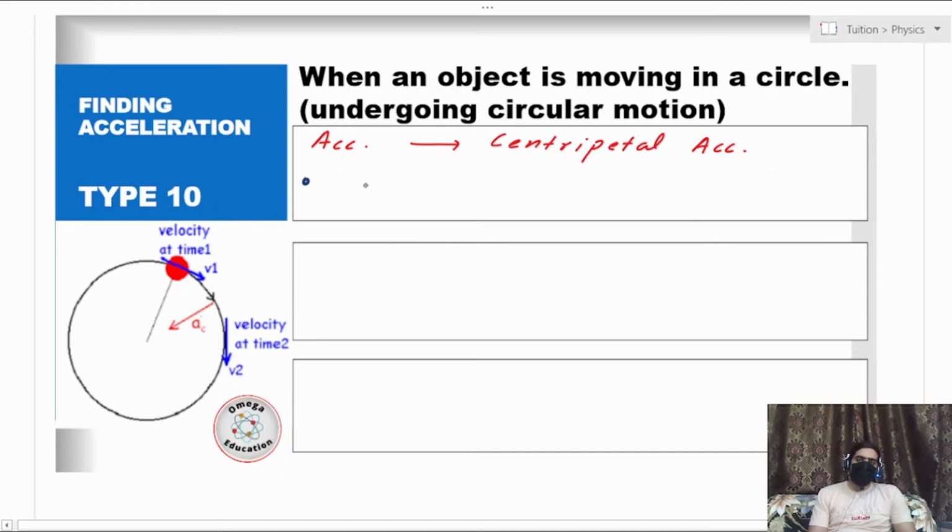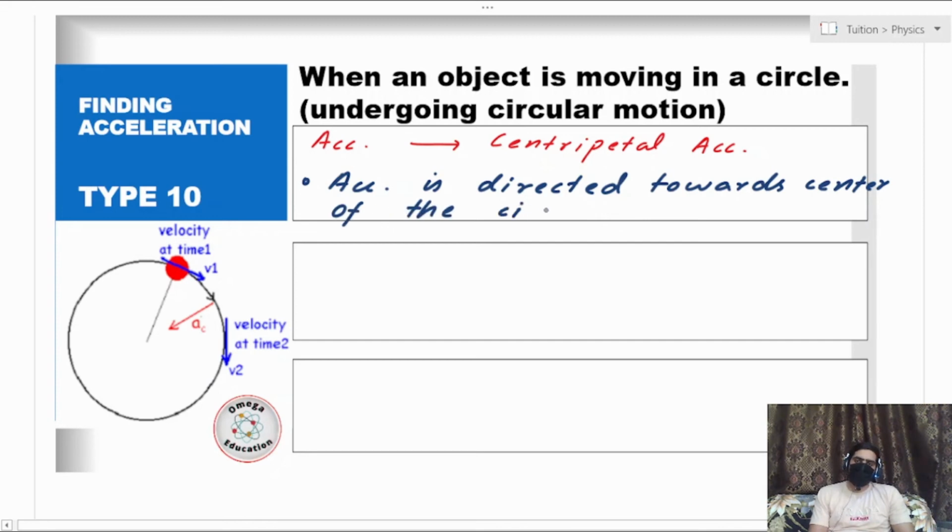So the first fact that you have to keep in your mind when they ask you about circular motion is acceleration is directed, and its direction is towards the center of the circle.